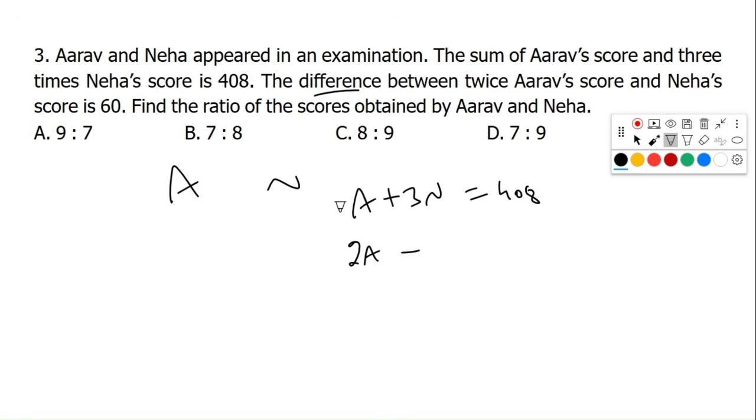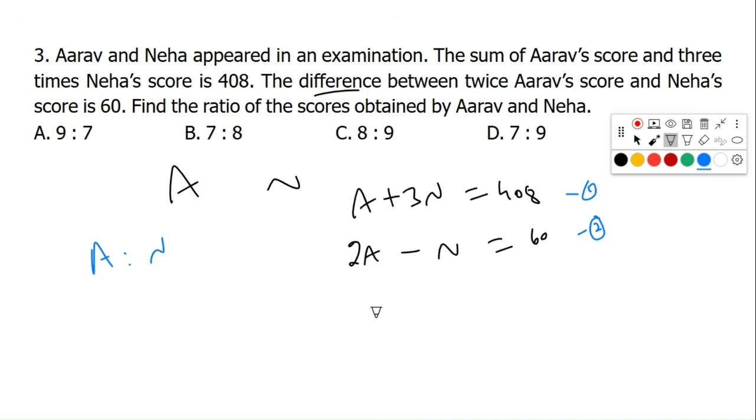Minus. Neha, 2 times Arav minus Neha is 60. So you are able to get equation number 1, equation number 2, two variables are there. I think this should suffice to solve it. Find the ratio of the score. So finally you have to give Arav versus Neha.